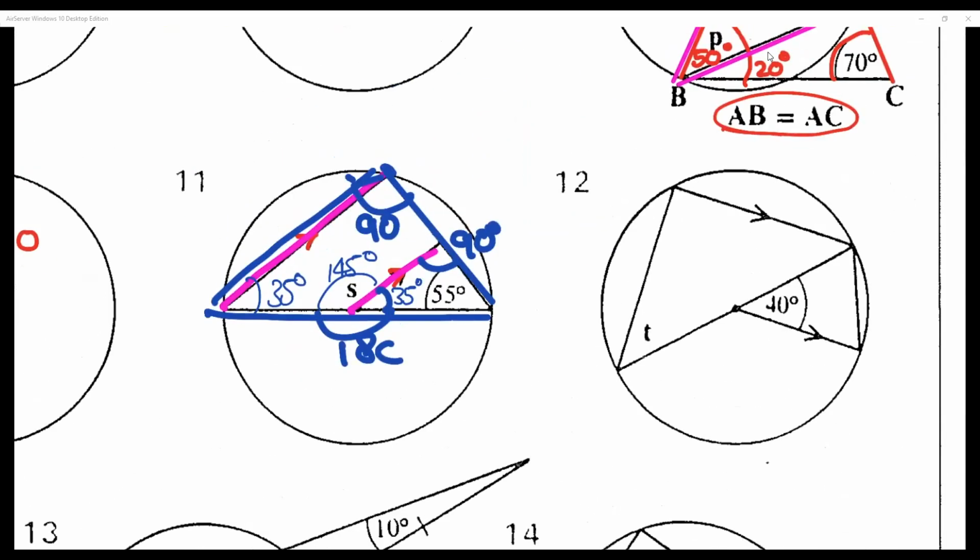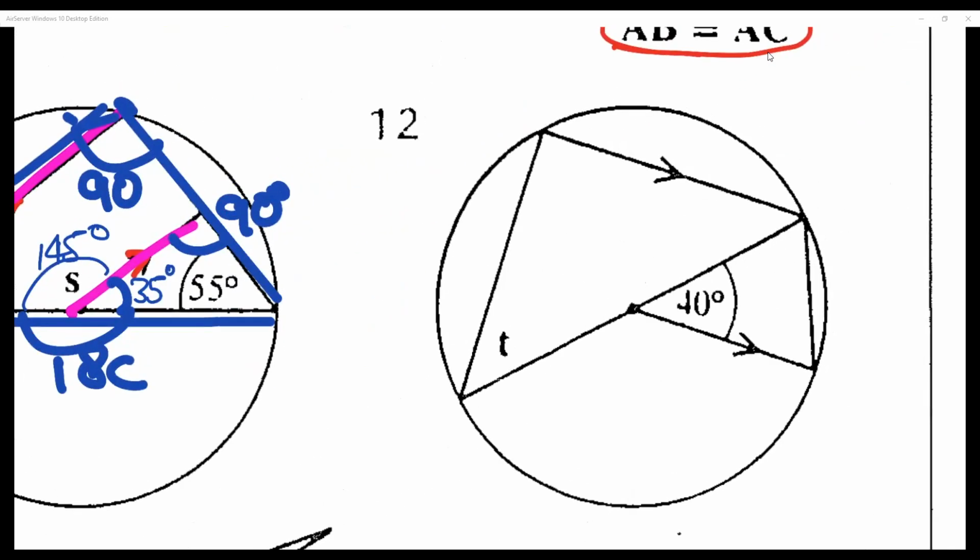Okay, question number 12. Let's have Eliza. Tell me something special about this line and this line, taking into consideration that's the center. Tell me about those straight lines. They're all the same. They're all equal. So that makes these the base angles of an isosceles triangle.